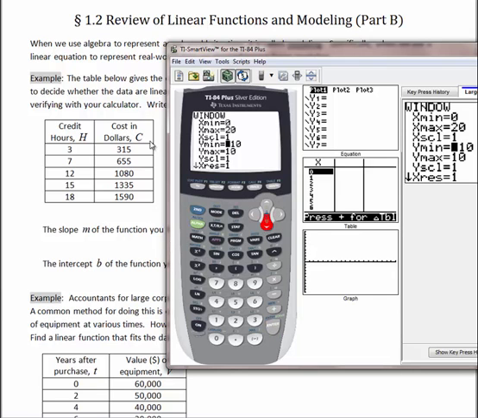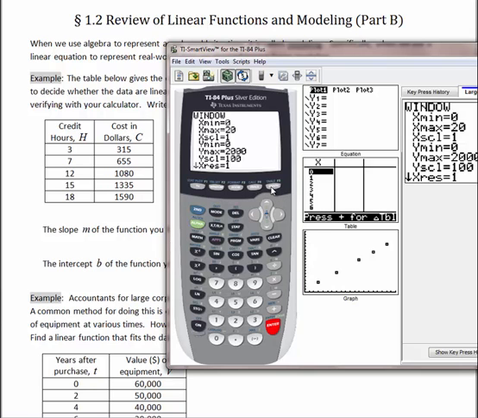The Y's are actually C's, the costs for me, and they go from 315 to 1590. I'm going to go 0 to 2000 for my Y min and Y max. Again, that will certainly cover the values in my table. And I'll use a scale of 100. We'll count by hundreds.